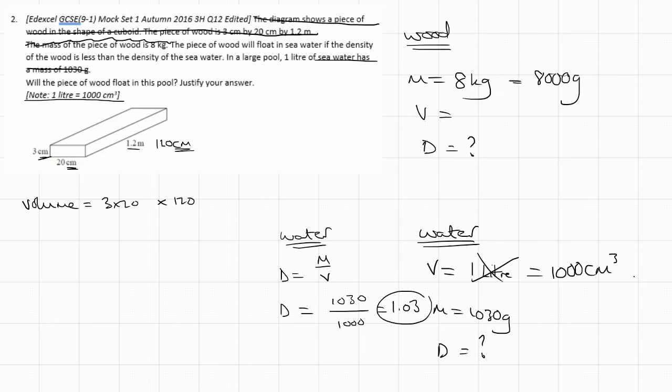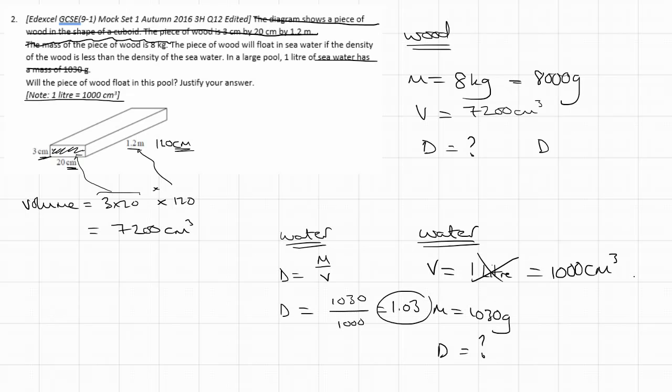I've done the same stuff as what I did for the last two. I found the area of this, that's 3 times 20, and then I times it by that. So 3 times 20 would be 60, times by 120 would be 7,200 centimeters cubed. So I'm going to write that there.